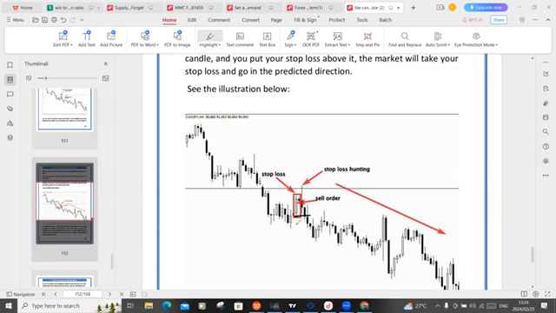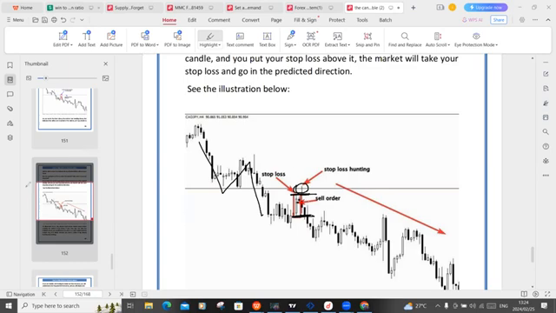That's the safest entry. An aggressive entry, however, like the author is saying, is when you know that you're leaning on the downside, and after you see this inside bar, you decide to sell, right? And you put your stop loss above here, price will definitely take you out.